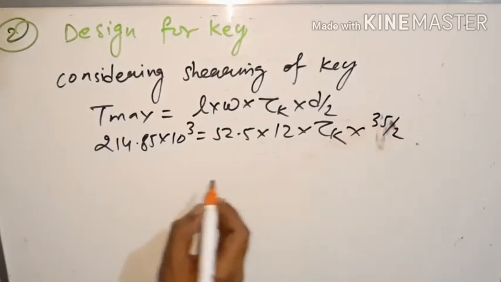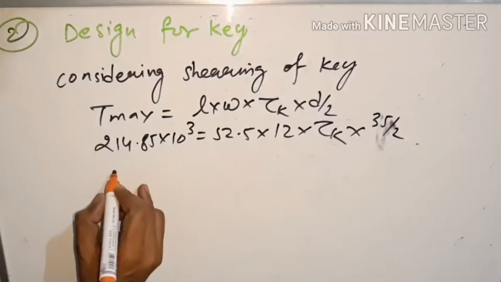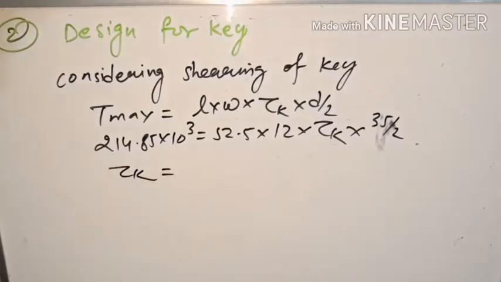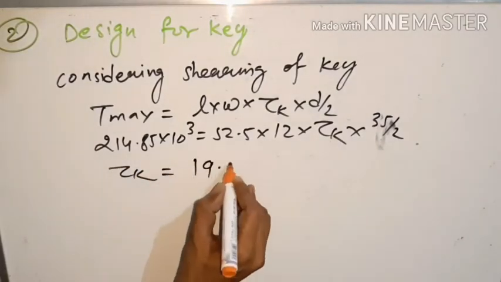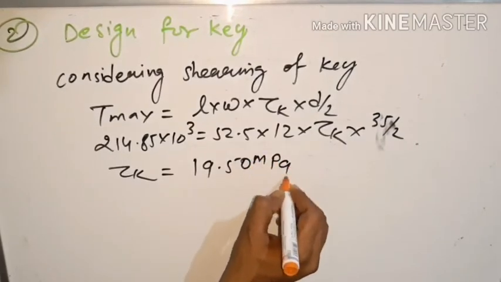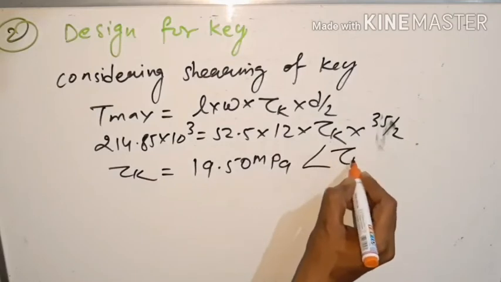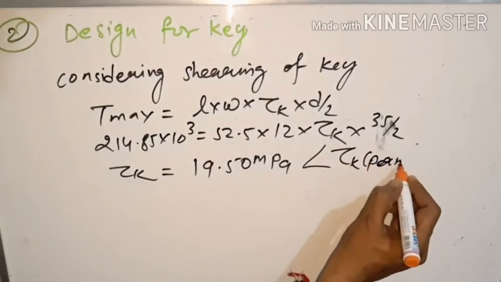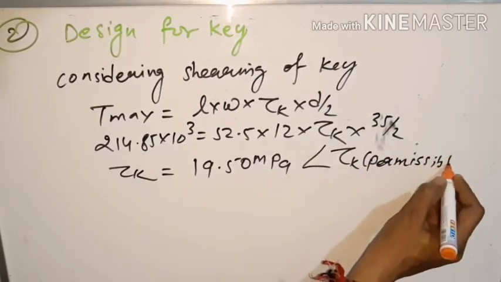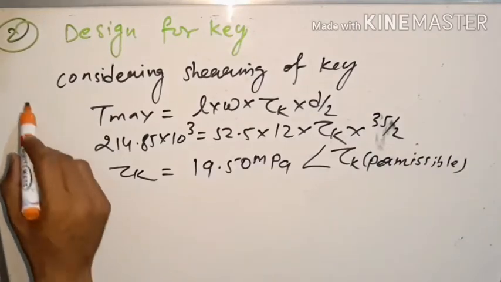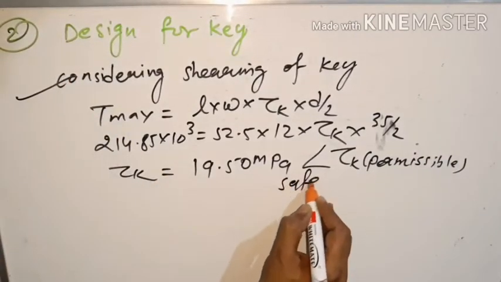It is around 35 by 2. So when you calculate this, you find that tau k is around 119.50 megapascal. So it is also less than the permissible or allowable one. Okay, so therefore our design for key is safe.